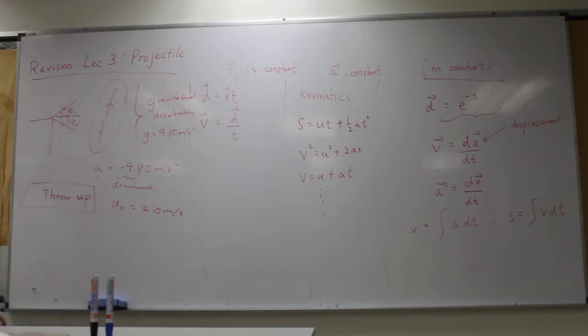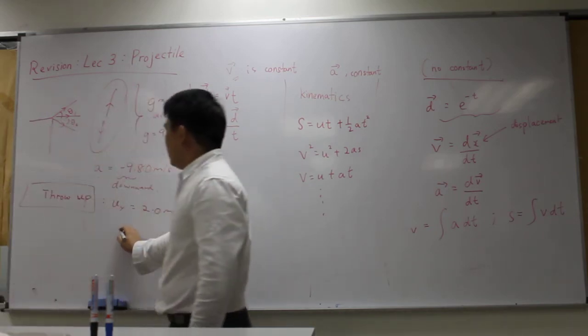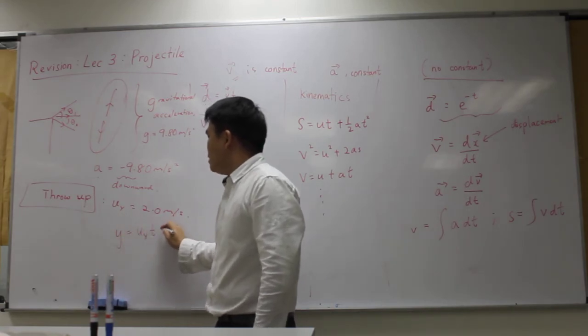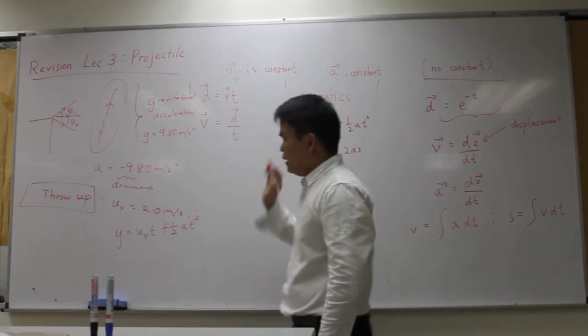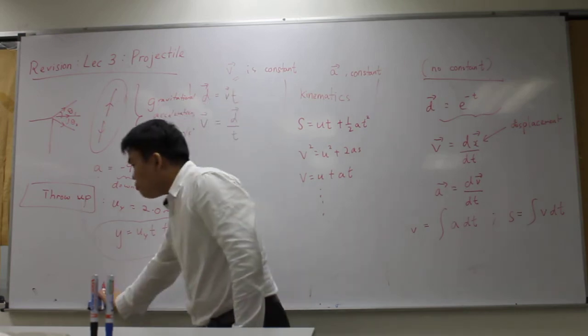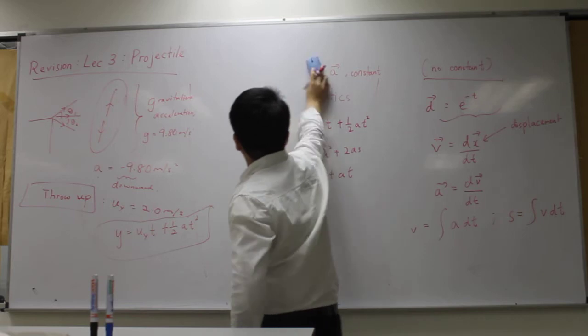So I ask you, what is the displacement after 5 seconds? Let's say something like this. So you can use y equal to u_y t plus half a t squared. That is the concept. So if I simply say, what is the displacement after 5 seconds, then you can substitute.